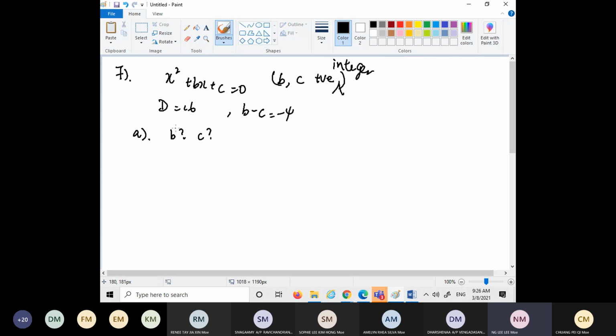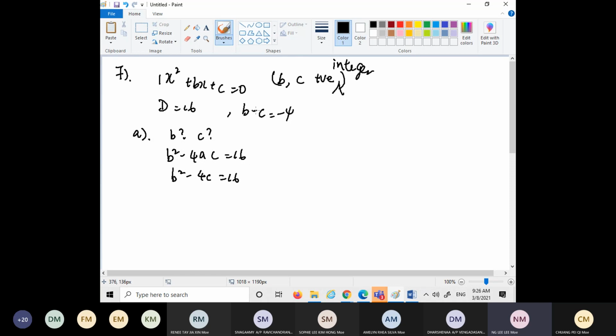How to do? We start with your discriminant. b squared minus 4ac is equal to 16. Look at this: a here is 1, b is b, c is c. So b squared minus 4 times 1 times c, so 4c, equals 16.